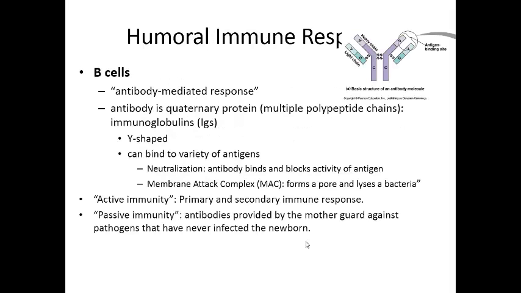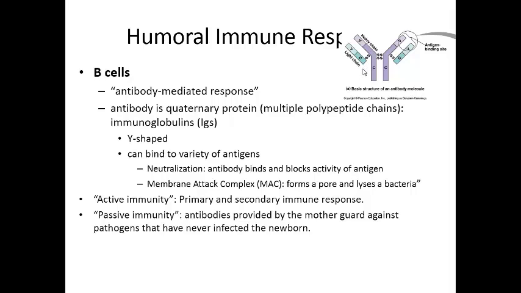Humoral immunity. Within humoral immunity, B cells are going to become plasma cells, which create antibodies. An antibody is a quaternary protein. It's a protein made up of 4 polypeptide subunits.